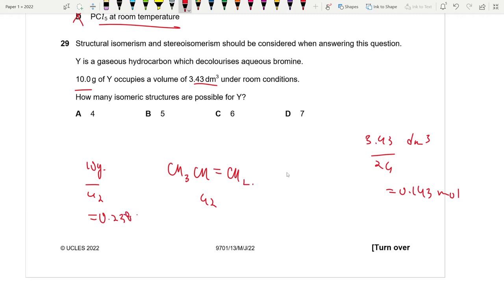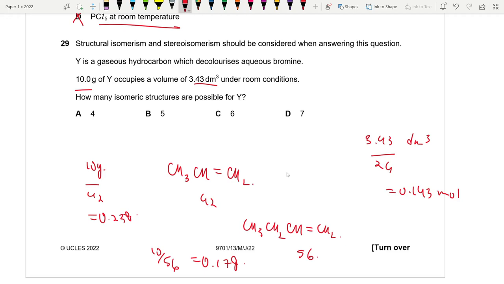For alkenes it might be greater. It might be C4, CH2, CH, CH2, maybe this. Let's find out the Mr. 12 times 4 plus 3 plus 2 plus 1 plus 2. That's 56. So 10 by 56 is 0.179. Still doesn't match.